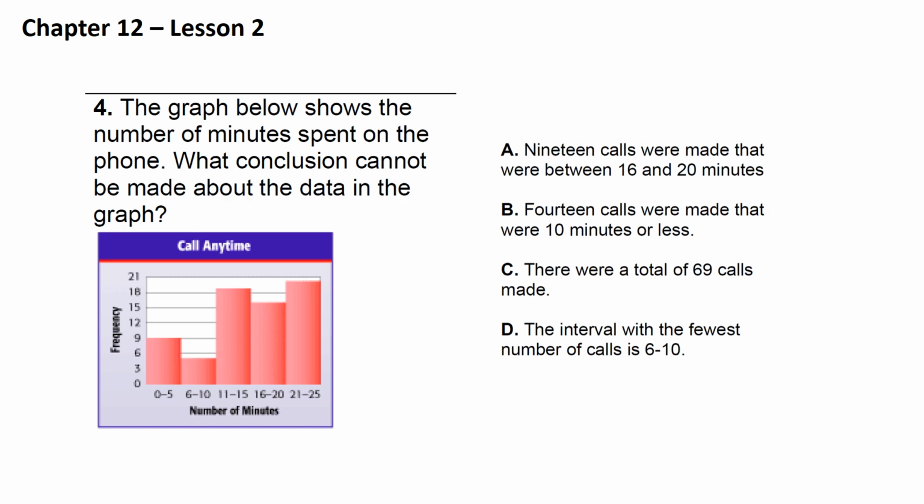Before we start, I'm going to label each bar. 9 calls were made that were 0 to 5 minutes. 5 calls were made that were between 6 and 10 minutes. 19 calls were made that were between 11 and 15 minutes. 16 calls were made that were between 16 and 20 minutes.